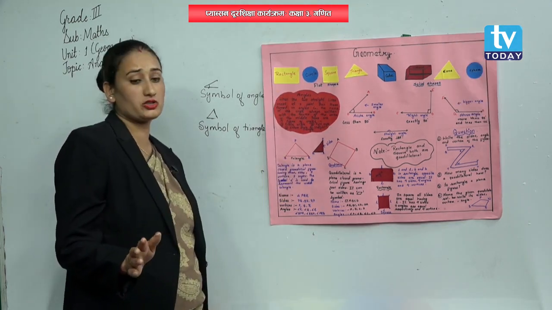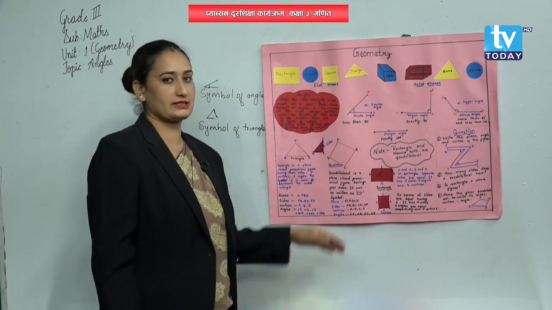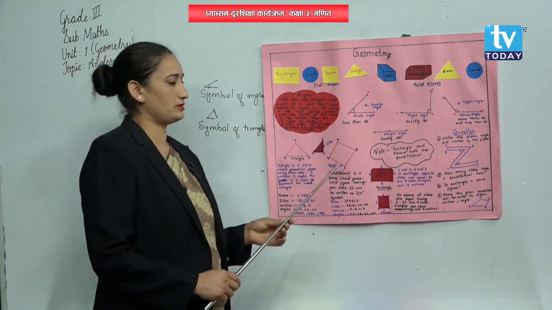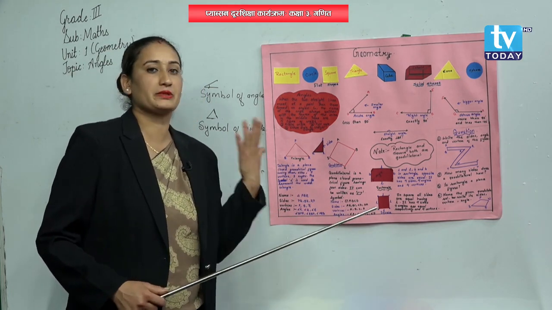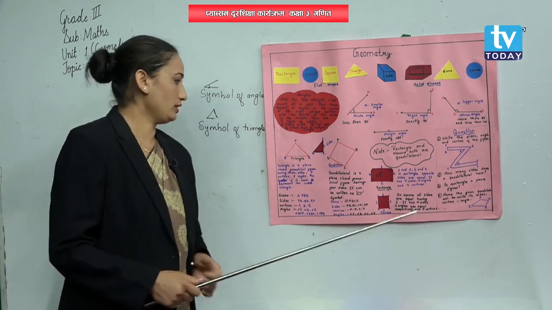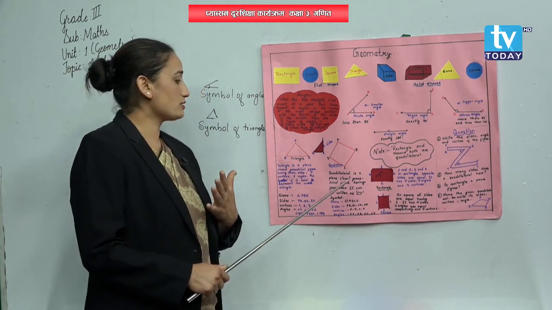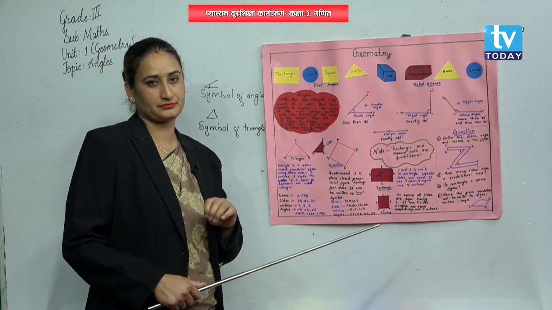Now we are going to talk about the figure after the triangle. Which figure have I written here? It's a quadrilateral. What do you mean by quadrilateral? First of all, let's learn. A quadrilateral is also a plane closed geometrical figure having 4 sides.